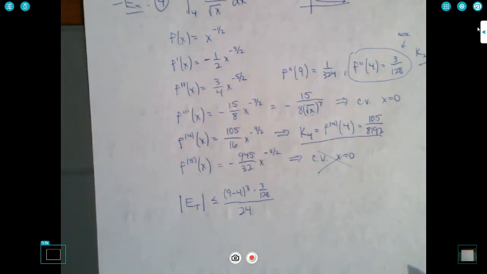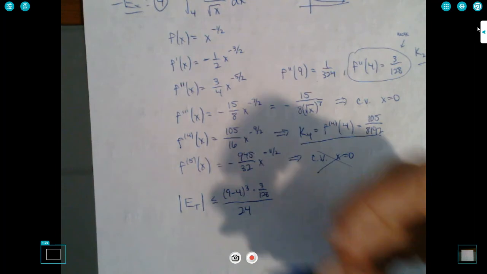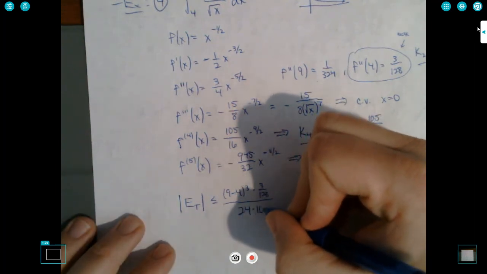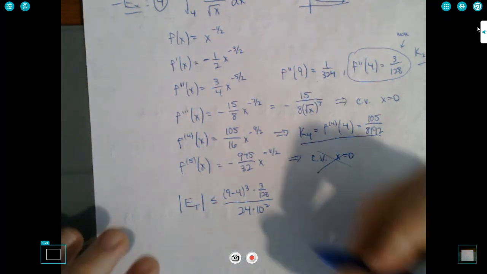N for the trapezoidal rule is 10. So times 10 squared.